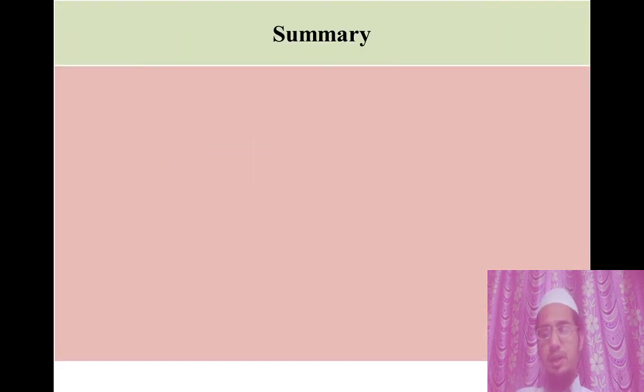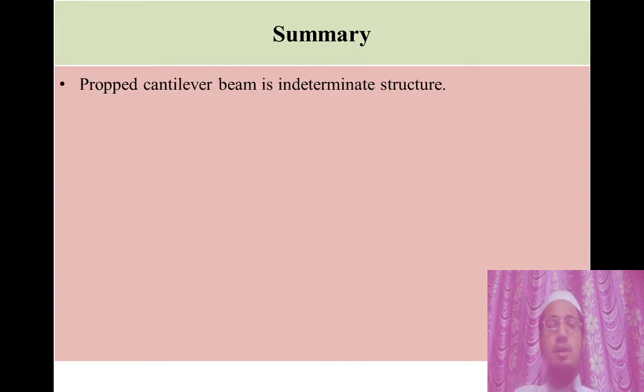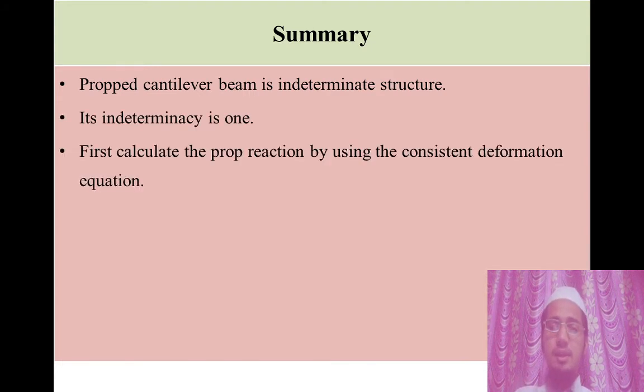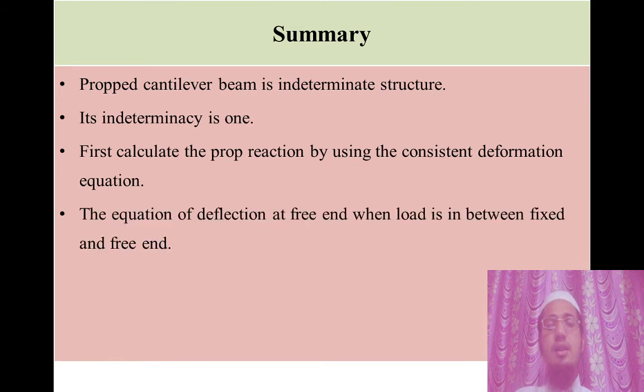Hope you understood this. So let's summarize what we have learned in today's session as well as in previous sessions. So we have learned prop cantilever beam as an indeterminate beam. Its indeterminacy is 1. First we have to calculate prop reaction by using consistent deformation equation, that is by equating deflections.